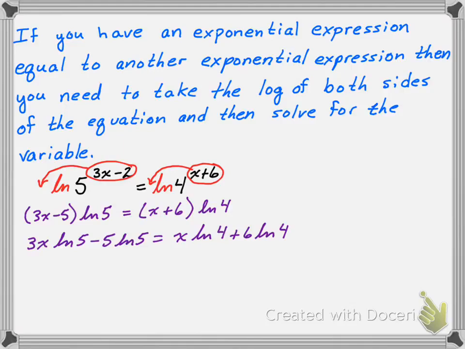We're going to subtract this over to this side of our equation, and that is going to give us 3x natural log of 5 minus x natural log of 4. Now, this does not have an x in it, so we're going to move it to the other side by adding it. All right, so that gives us equals 6 natural log 4 plus 5 natural log 5.